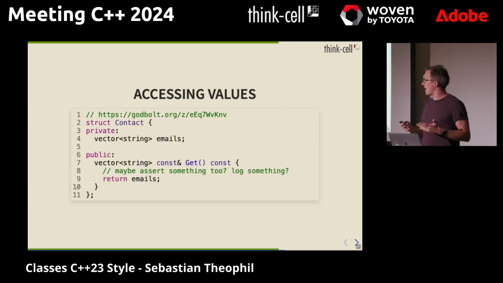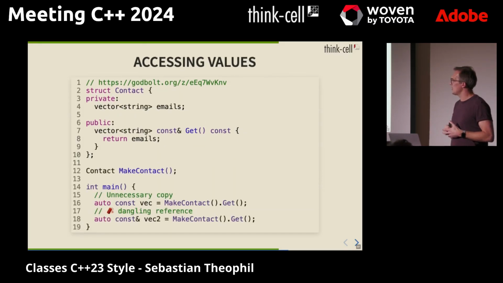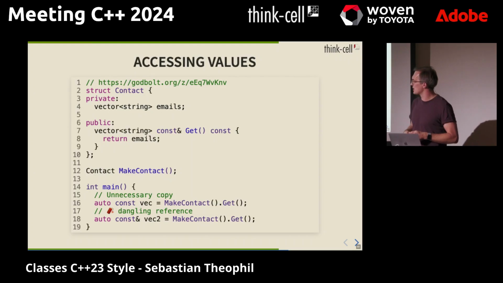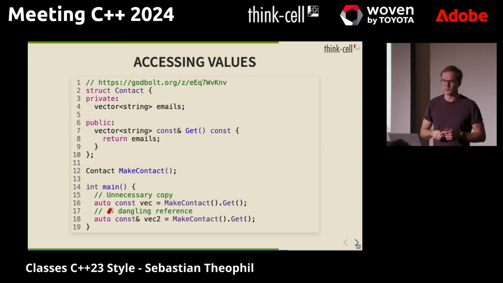And that always had the problem, that's not a new feature, that it wasn't very convenient to use. So let's say you have a function make contact that returns a temporary object. And now there was only one thing you can do. If you wrote auto const& vac equals this, then this would return a const ref, and you would make a copy of the result.